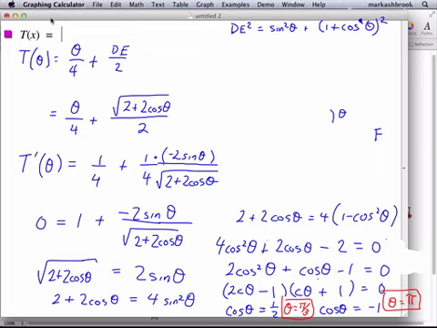Actually, we're looking at the derivative of t, so what do we want to call that? Capital DT. And I need to make sure it's a string. There we go. Okay, so this is the derivative of our time function, and we said it's 0.25 plus negative 2 sine x divided by square root of 2 plus 2 cosine x.